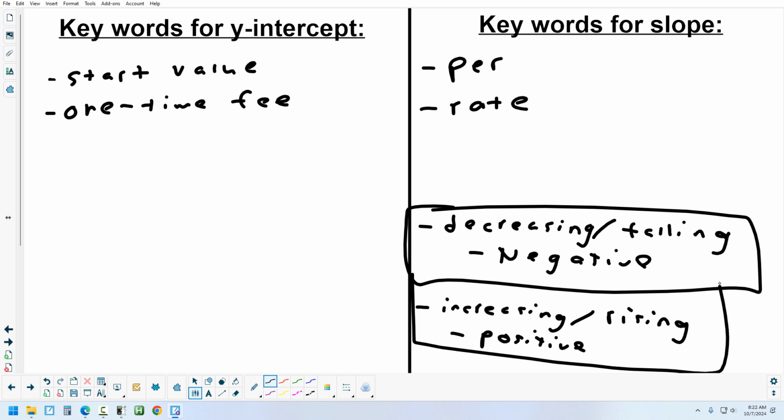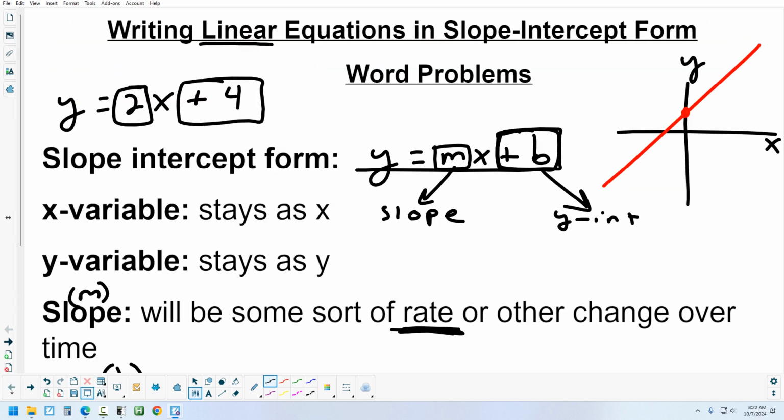Okay, so those are pretty much the hints at what you're going to be looking for. Any question on that? Okay, so now on the MCAS question, they give you an equation and they ask you to pick out the slope and the y-intercept. I just showed you guys earlier what the y-intercept is in red, right there.